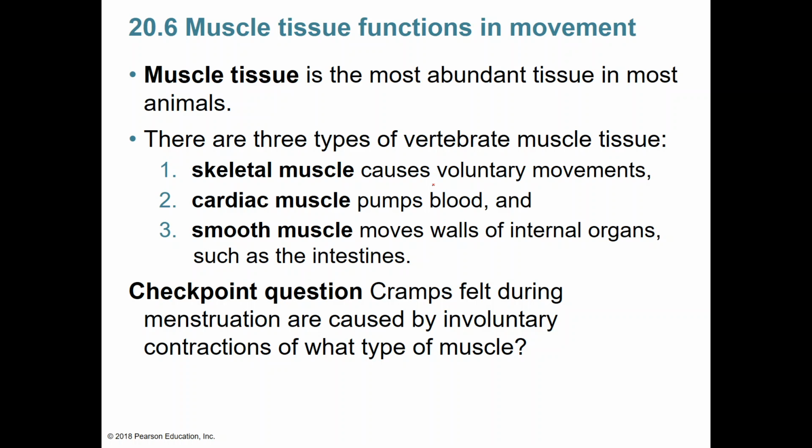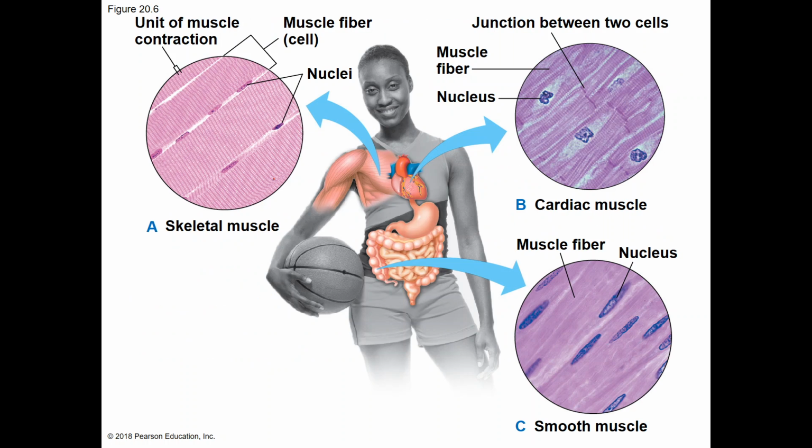The next type of tissue is muscle tissue. We have a couple different types of muscle tissue as well. There's skeletal muscle, cardiac muscle, and smooth muscle. So skeletal muscle makes up our muscles, and this allows us to have voluntary movements.